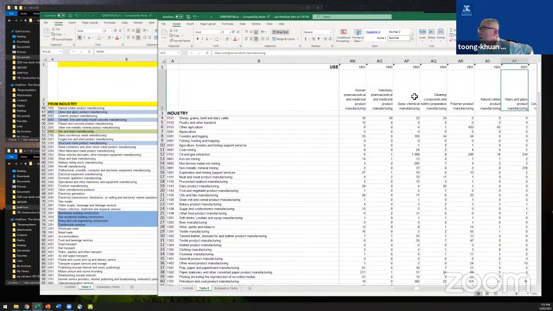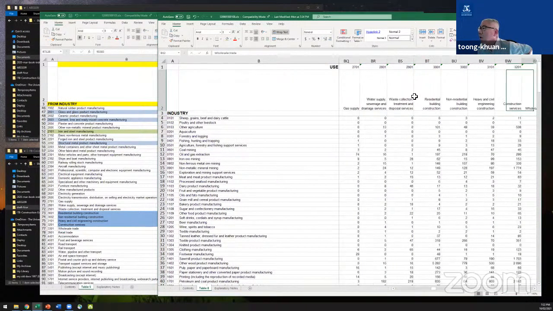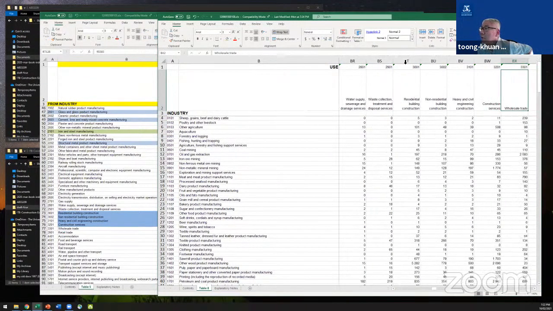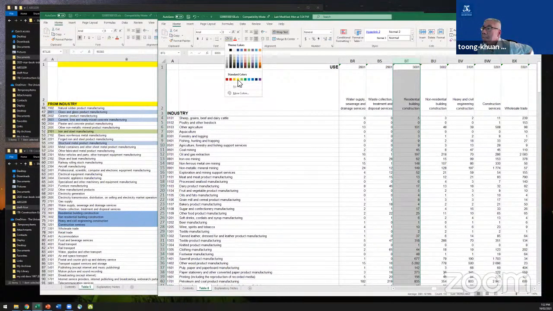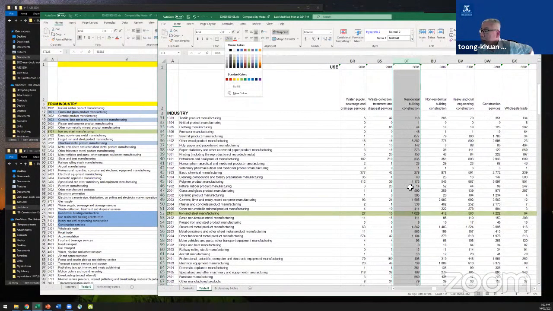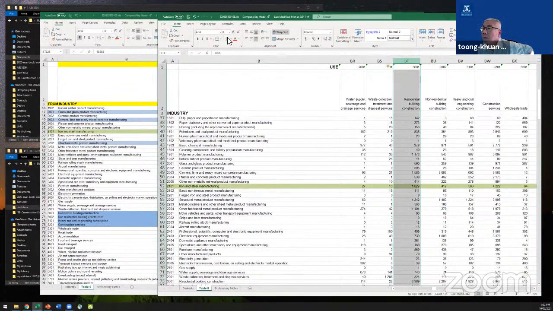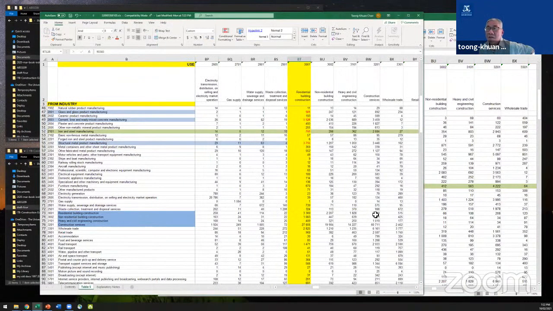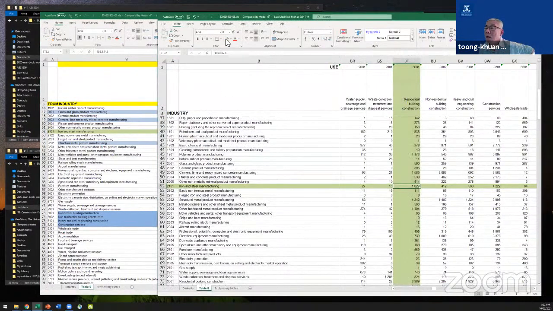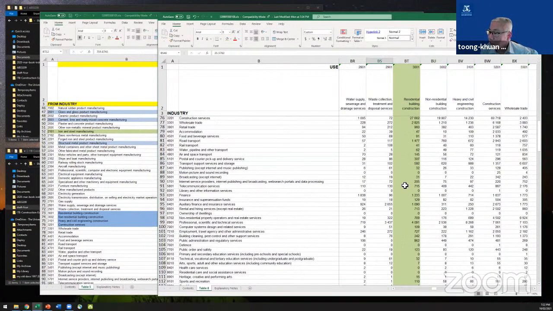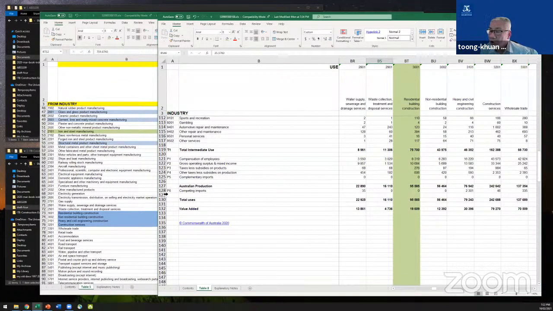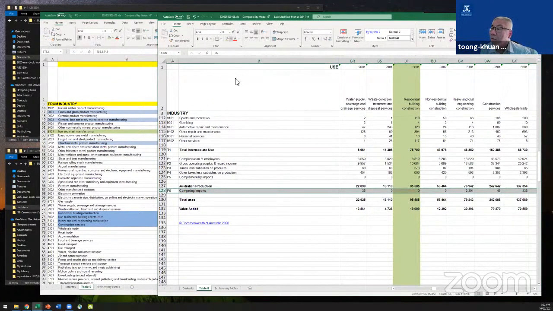Residential is 3. Residential is this one. Can you see that it is now a different number? It is 1029. Iron and steel was 760 over here. It is now 1029 in table 8. But when you scroll down to table 8, there is no more competing imports.